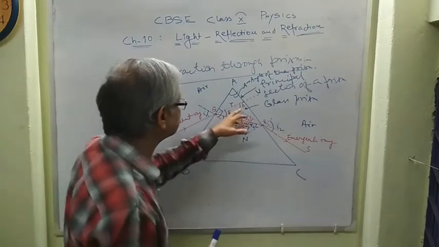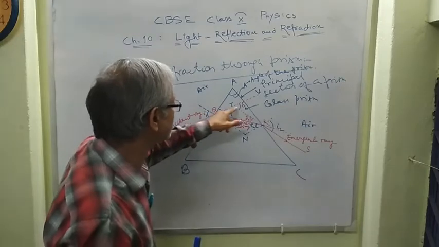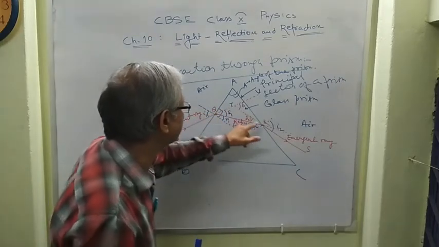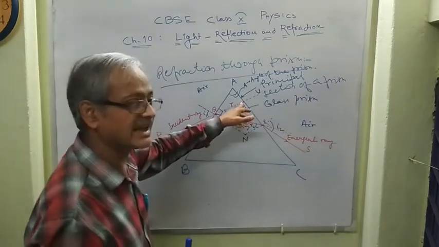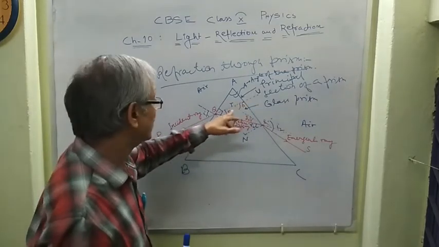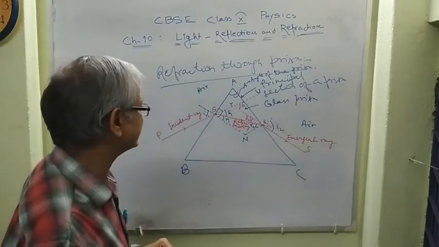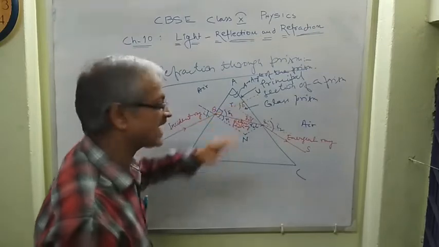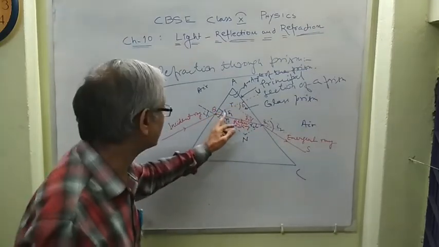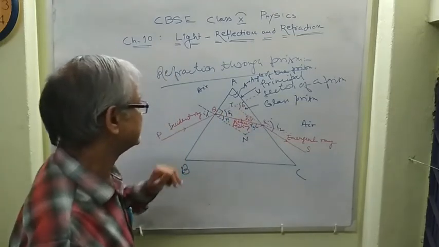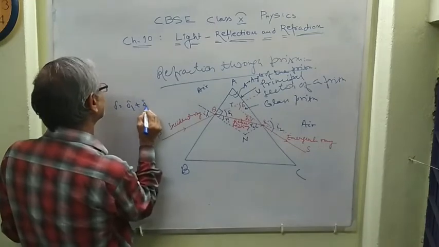Here delta is the angle obtained due to the produced side of the triangle QTR. Hence it is the exterior angle due to extension of one side of the triangle. Hence it is equal to the sum of the opposite interior angles. That is delta equals delta 1 plus delta 2. Right?